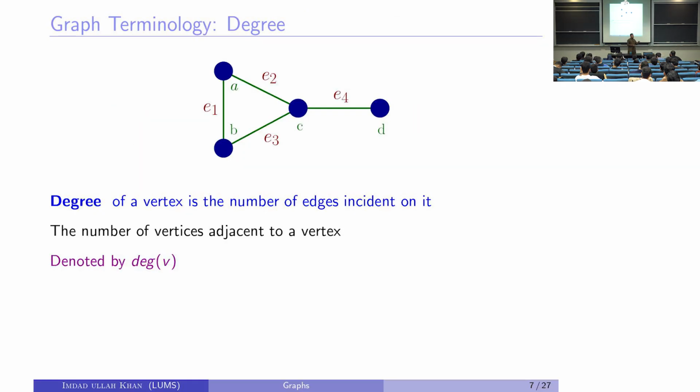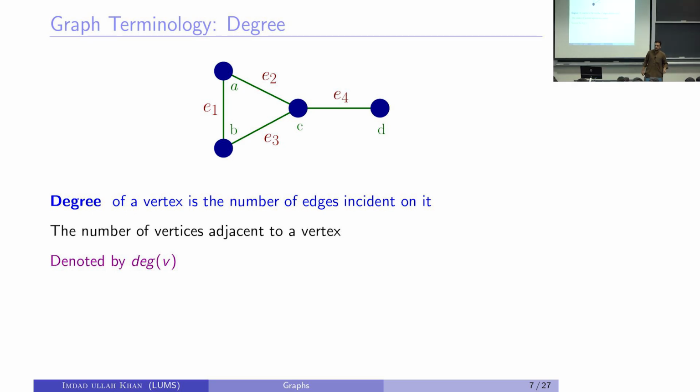So the next word is degree. The degree of a vertex is the number of vertices that are adjacent to this vertex, right? What's the degree of A? Count how many vertices are adjacent to A. It's called the degree. Equivalently, it's the number of edges that are incident on A, the number of edges that have A as one of its endpoints.